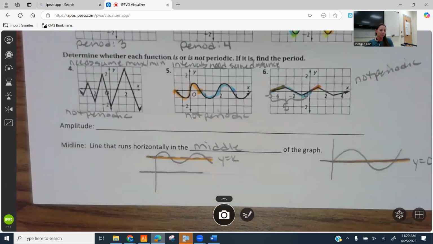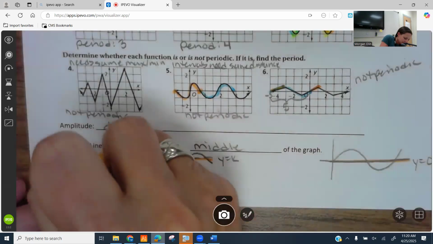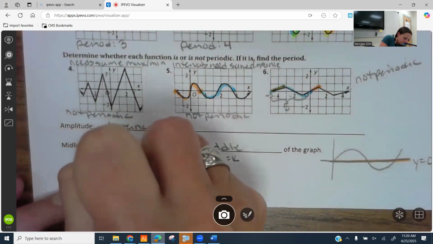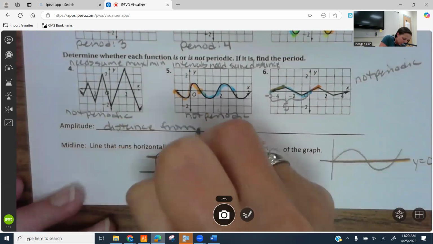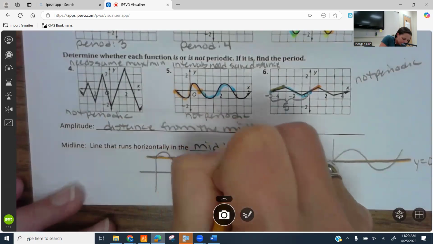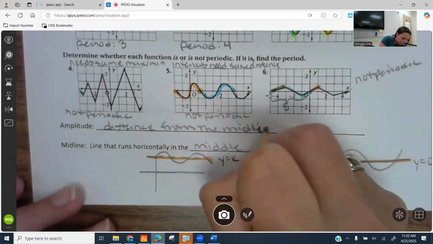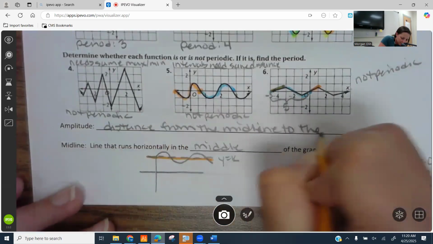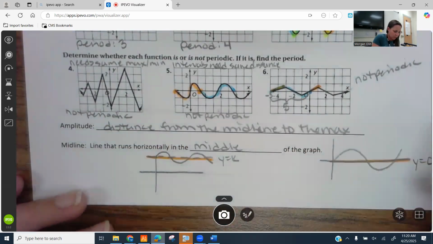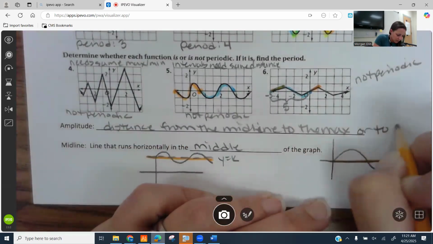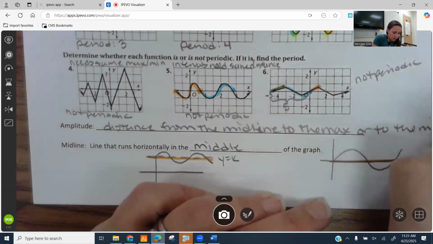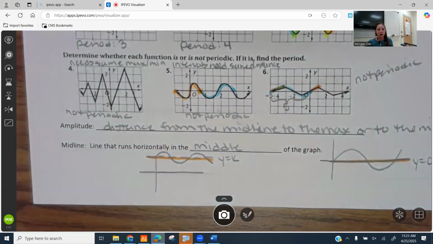Now, the amplitude. When we talk about the amplitude, you'll see why I did the midline first, because I like to use the midline here. The amplitude is the distance from the midline to the max or to the min. So an amplitude is always positive.